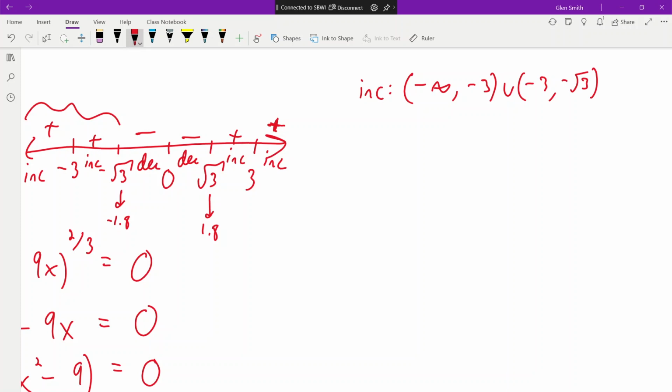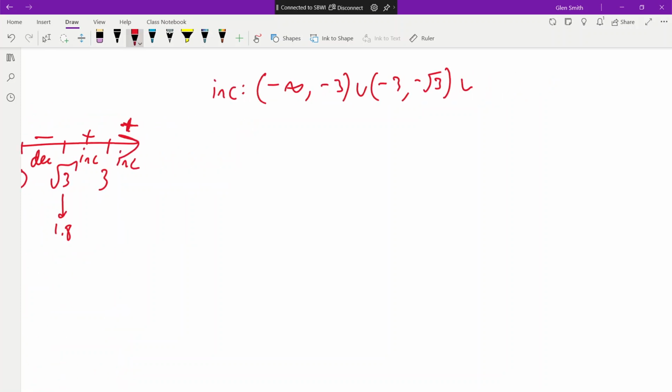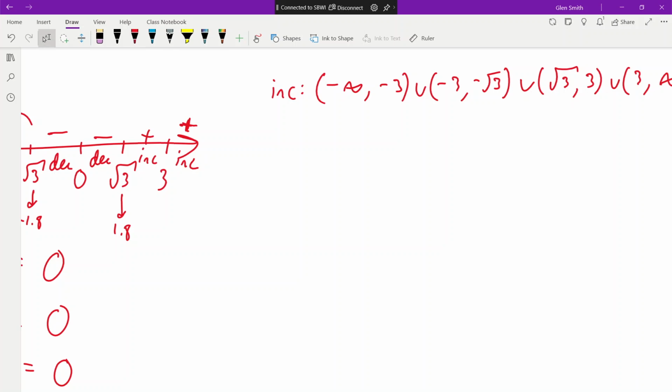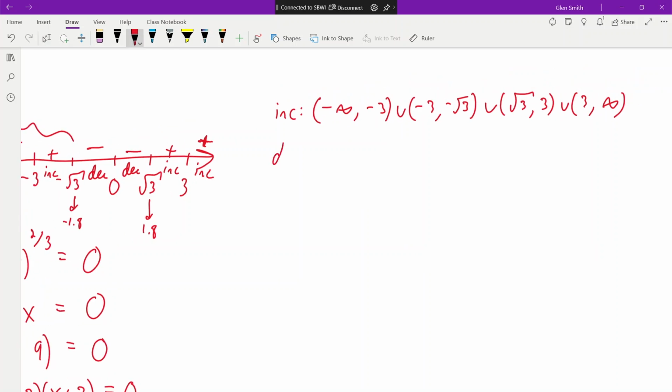I'm just writing out the intervals in there. We're increasing again from root 3 to 3, and we're increasing again from 3 to infinity. That means we're decreasing from negative root 3 to 0, and from 0 to root 3.